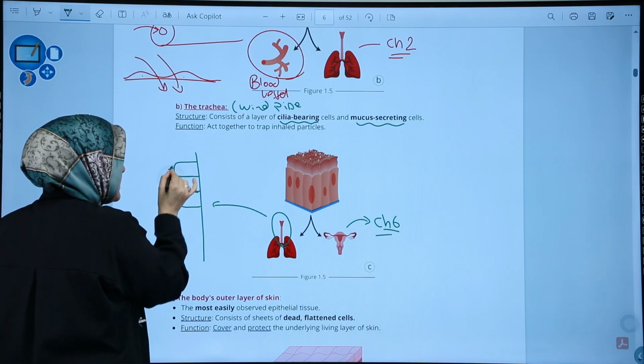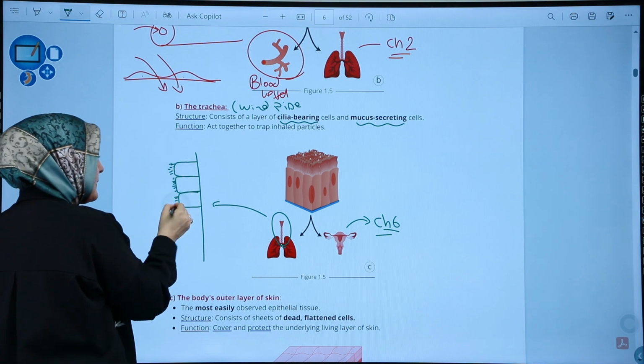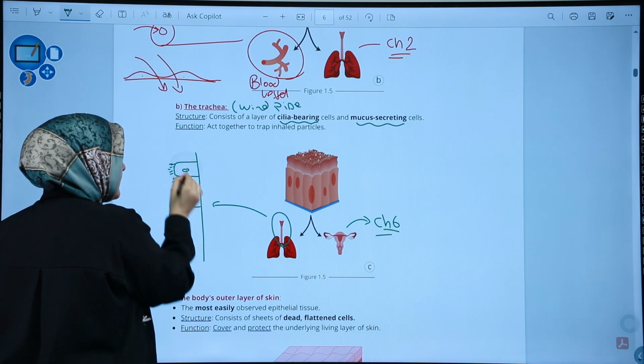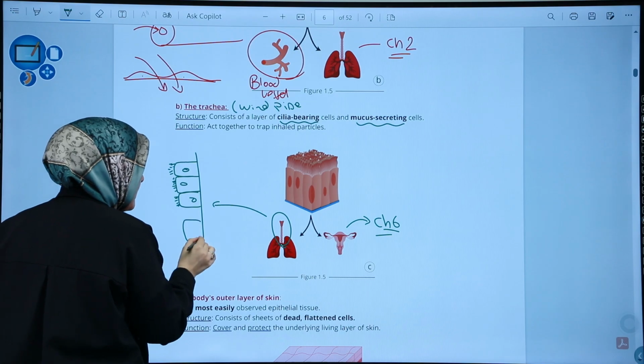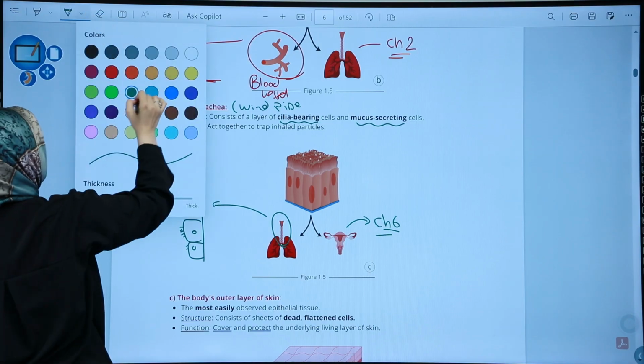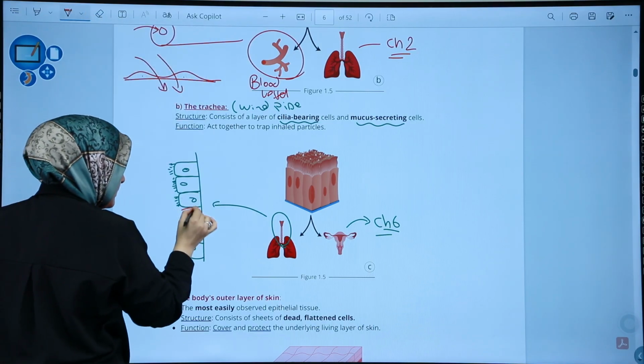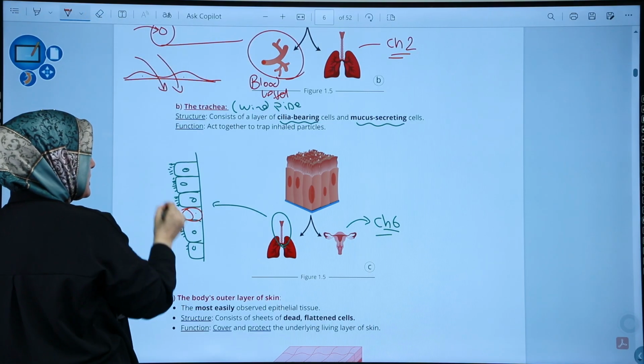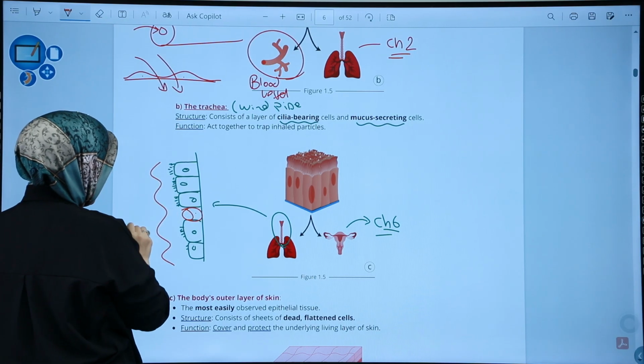They have tiny structures on them that look like hair. And then every now and then, I have a specialized type of cell here. This one creates mucus.